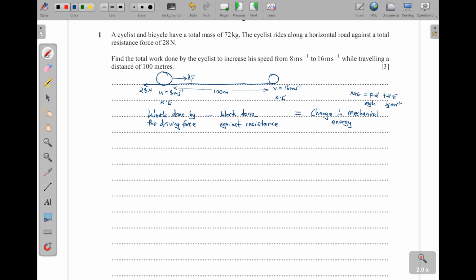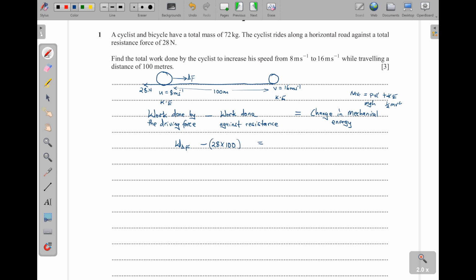Now, work done by the driving force is the one we are looking for, because they said find the total work done by the cyclist to increase his speed from this to that. Work done against the resistance force is 28 times the distance of 100 meters, because work done is equal to force times distance.